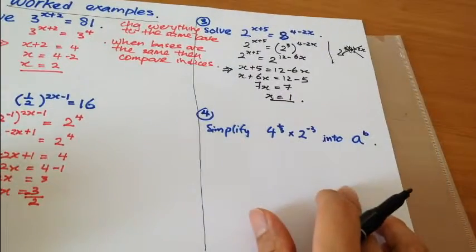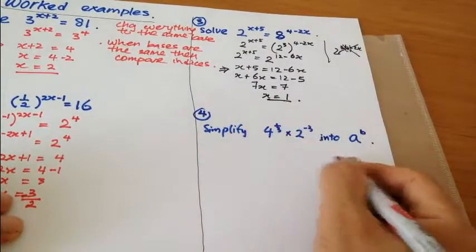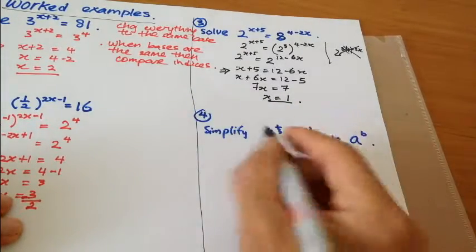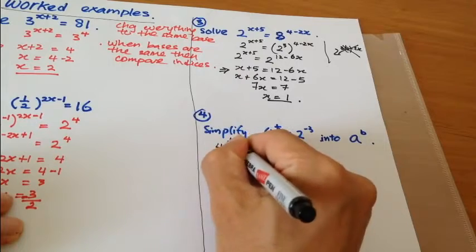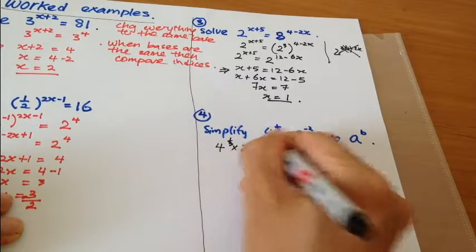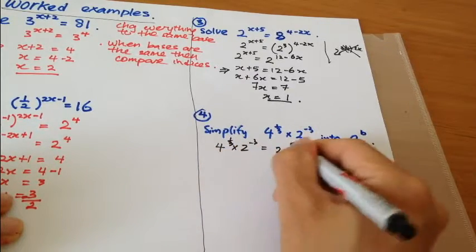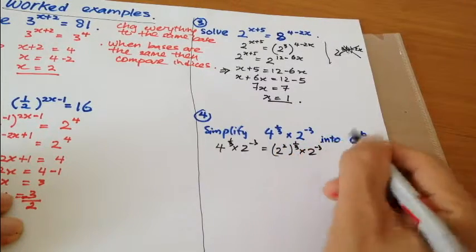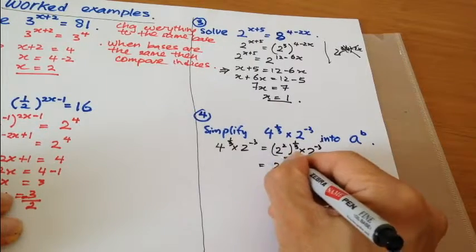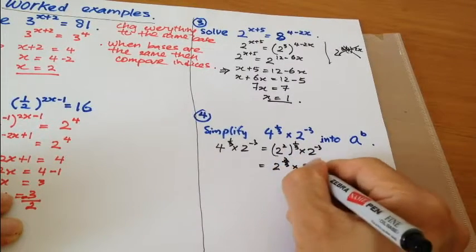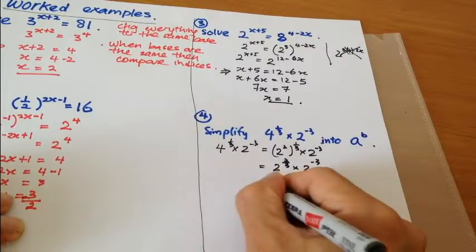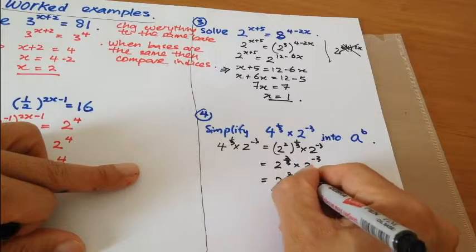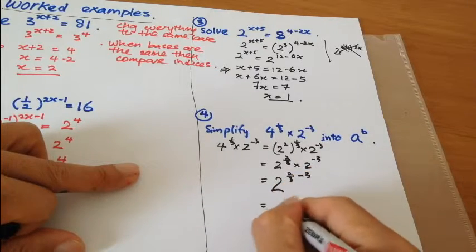And the last question, simplify this. In order to simplify, we'll still use the same strategy. Put everything into the same base. It's 2 raised to the power of 2 to the power of 1/3 times 2 to the power of negative 3. That's 2 to the power of 2/3 times 2 to the power of negative 3. That is the same as 2/3 minus 3.